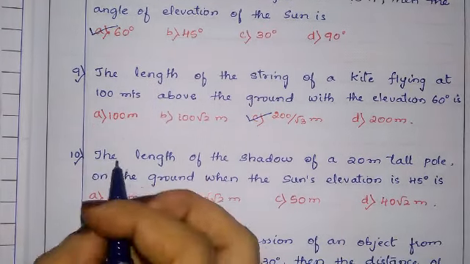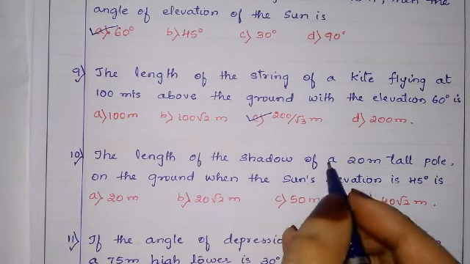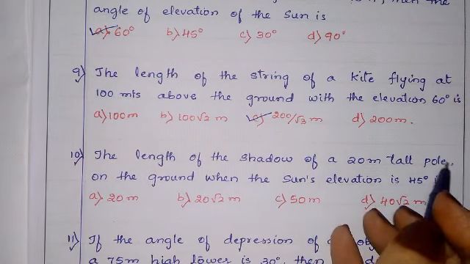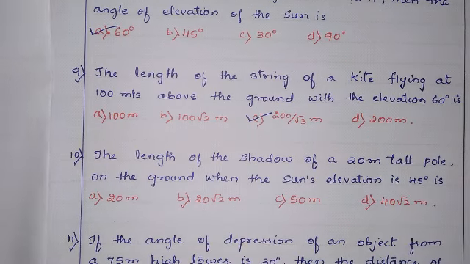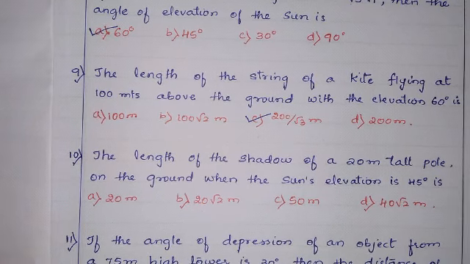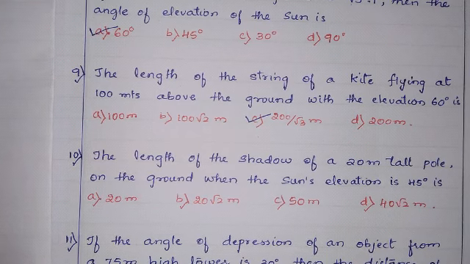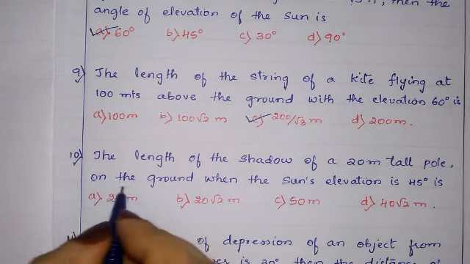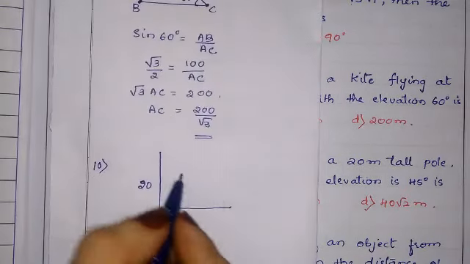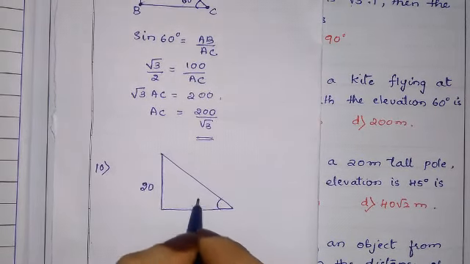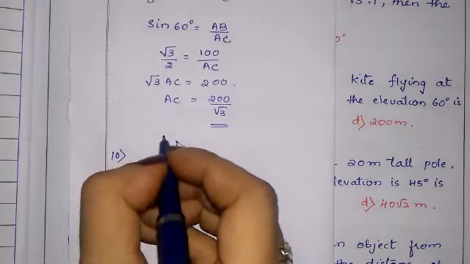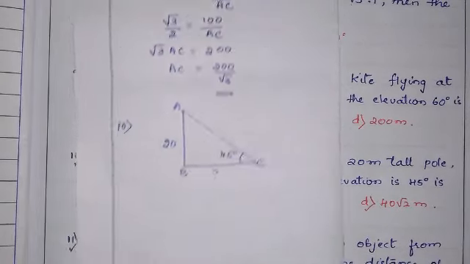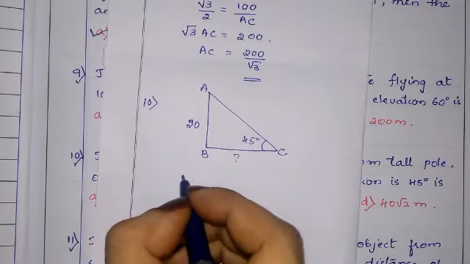Let us see the next question. The length of a shadow of a 20 meter tall pole on the ground when the sun's elevation is 45 degree. Again the question is the same. We have to find the length of the shadow of the 20 meter tall pole, A, B, C. Again what we have to do?